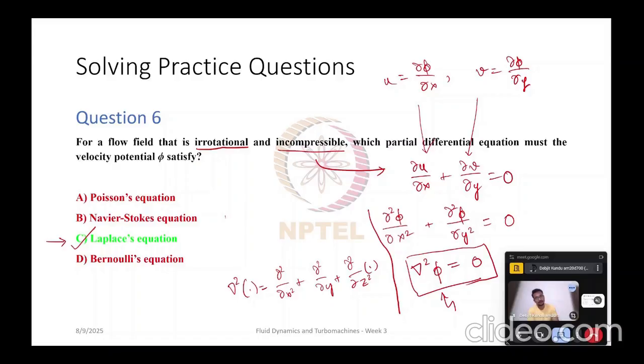So all this leads to a very easy solution for phi, and once you know phi, you can get the velocity field and visualize the flow physics very nicely.